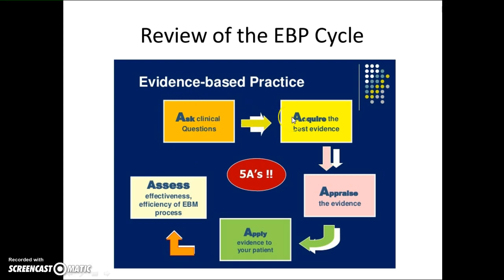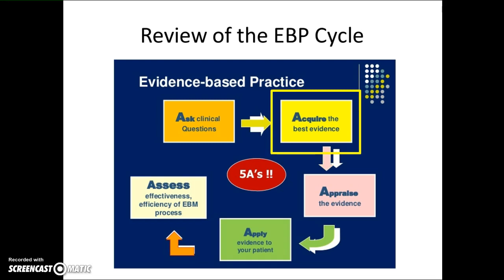In Module 2, we then moved over and we said, well, how do we, based on our clinical question, acquire the evidence? How do we search the literature? Which search engines would be the best search engines that would yield us the most fruitful results? And then once we have those results, right, then the next step in that process is trying to figure out where those research articles sit in the hierarchy of evidence.